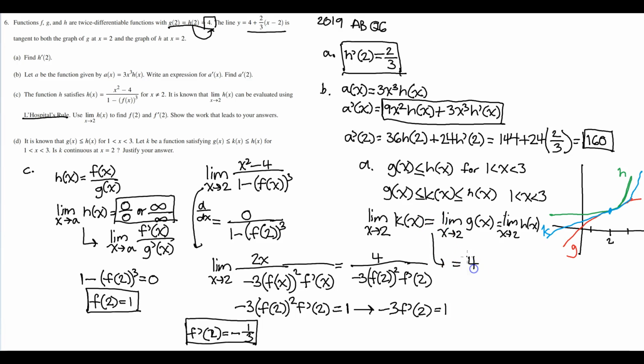So the limit exists, and it's the same from the left and right. And because it's just squeezing in between, k of 2 should equal 4 as well. It's literally sandwiched in between. So yes, k is continuous.